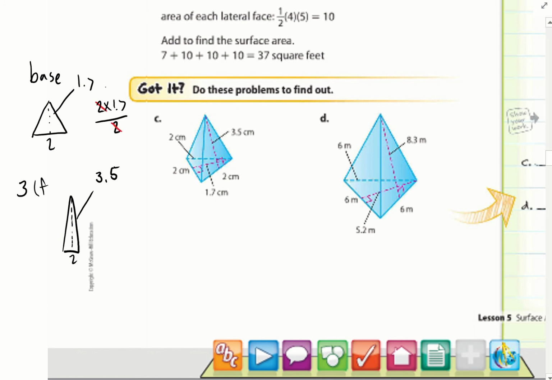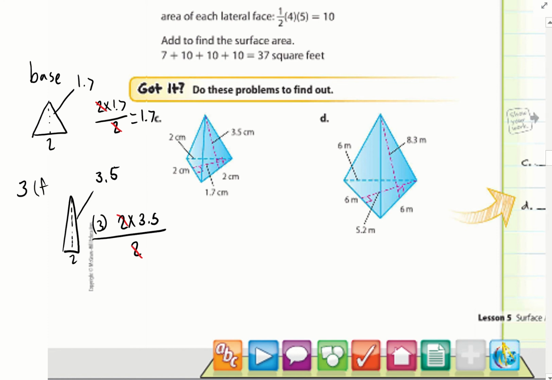The 2's cancel out, so my base has an area of 1 7/10. Now my 3 lateral faces: 2 times 3.5, multiplied by 3, all over 2. The 2's cancel.